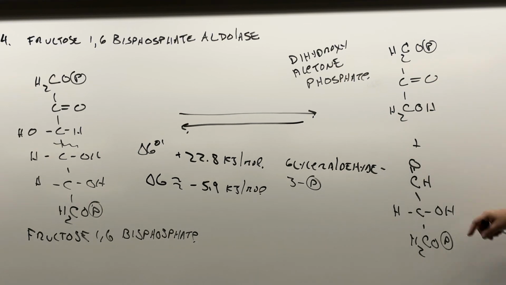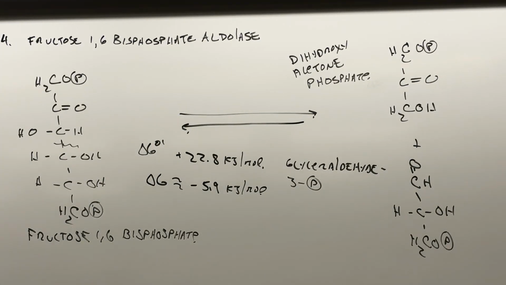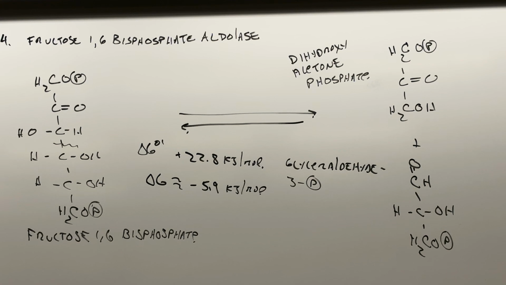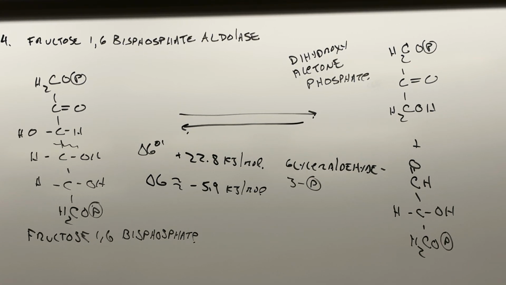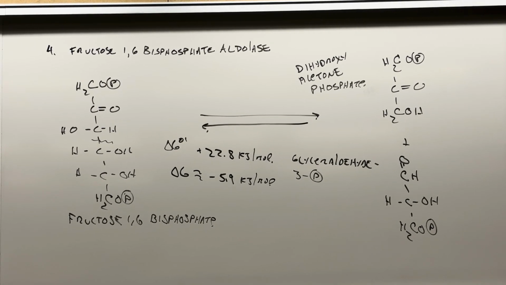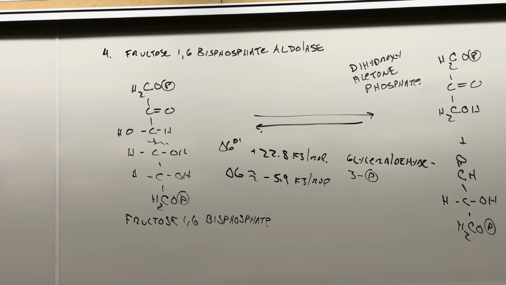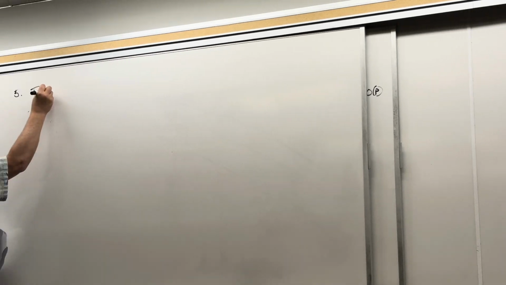That's basically the same kind of conversion. Let's go over there and do this last enzyme of the preparatory phase, the energy investment phase, and that is triose phosphate isomerase.